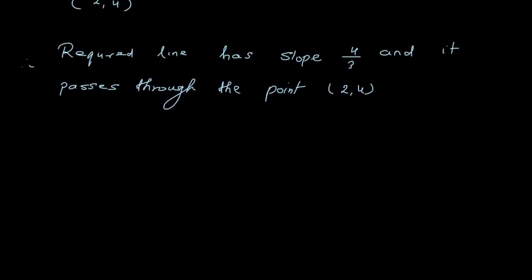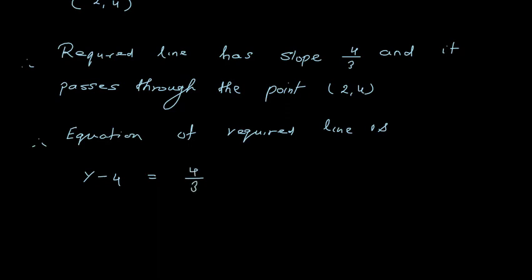So therefore the equation of the required line is y minus 4, that is y minus y1 is equal to m, that is 4 divided by 3, times x minus 2.